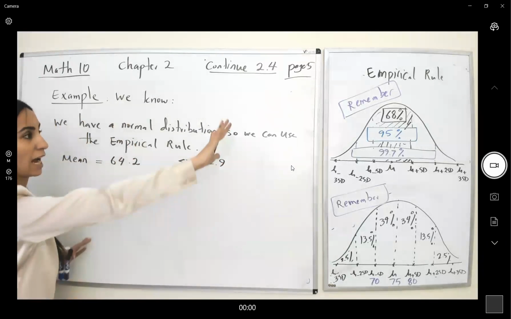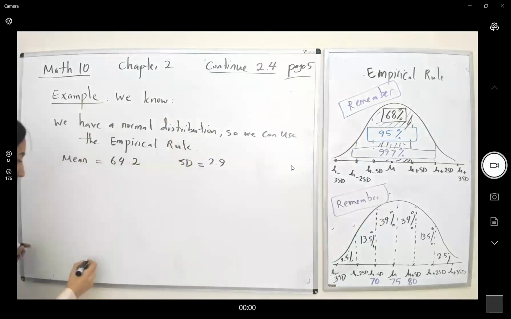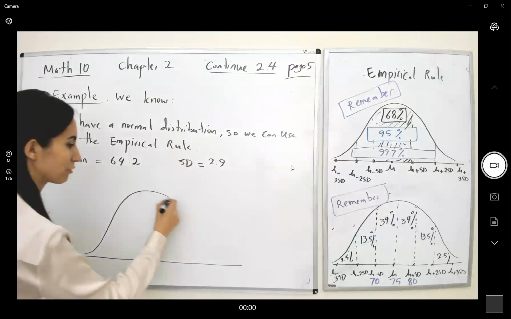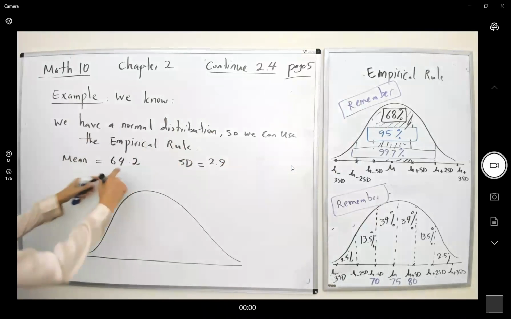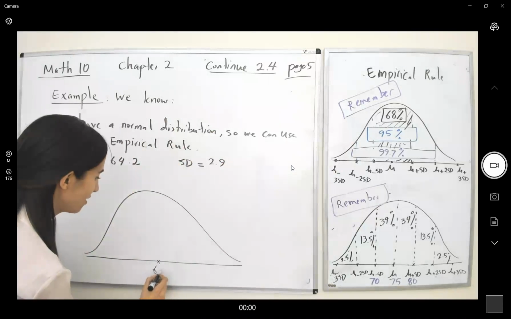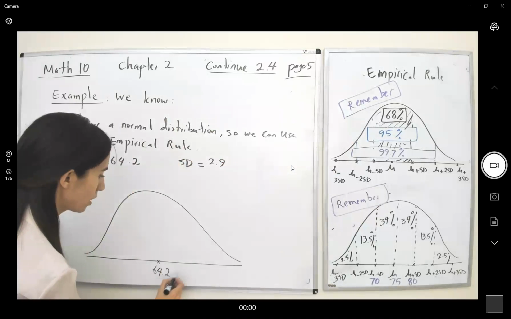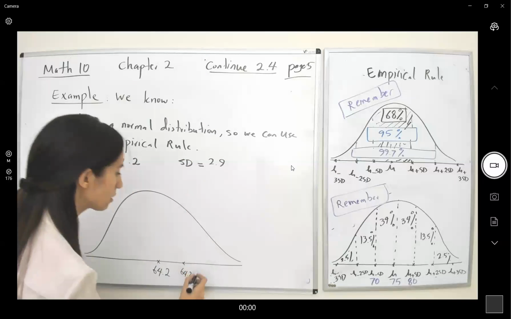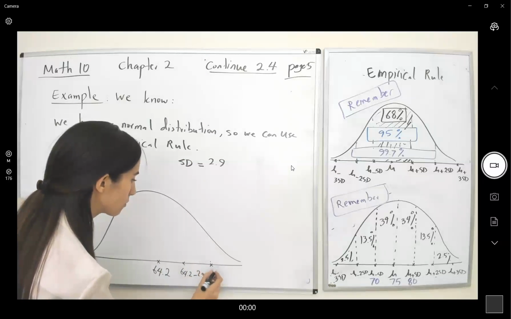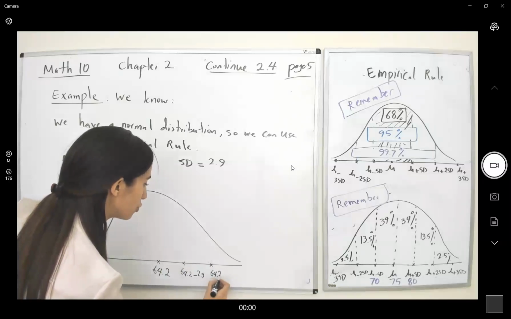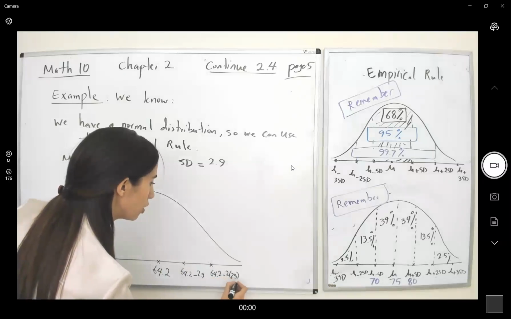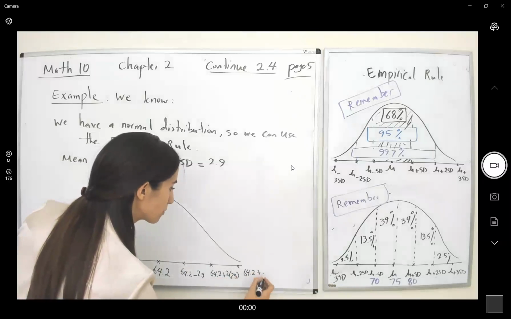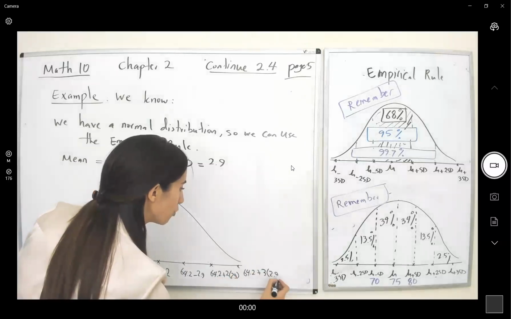Since we have this information, let us construct the normal distribution graph. This is our mean, 64.2. One standard deviation, 64.2 plus 2.9, 64.2 plus 2 times 2.9, and 64.2 plus 3 times 2.9.